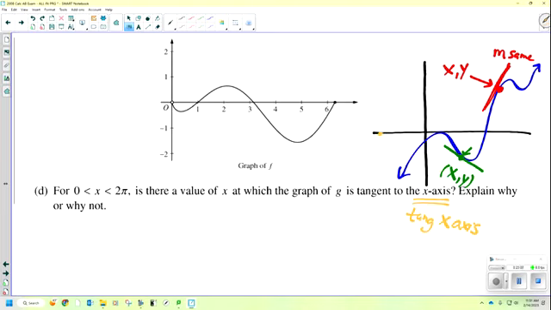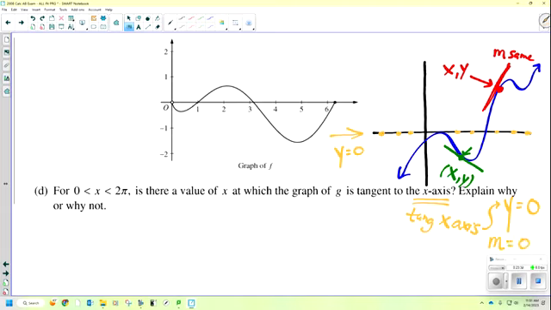That means it's got to be somewhere like this, any of these points. Guess what? All these points have one thing in common. The y value is 0. So if it's on the x-axis, my y value has to be 0. And if it's parallel, if it has the same slope as the x-axis, the slope, which I'll call m, also has to be 0.